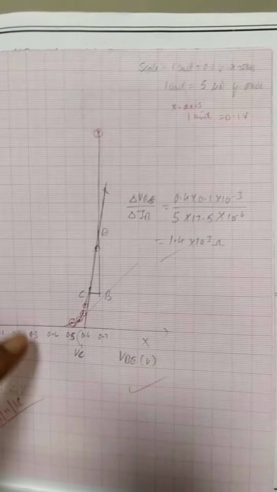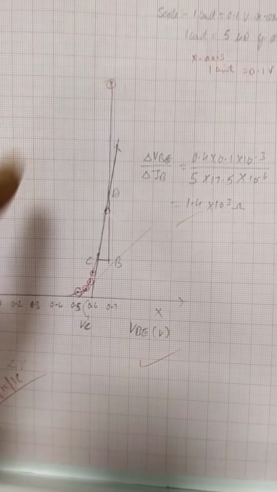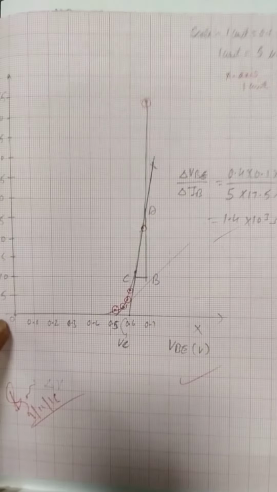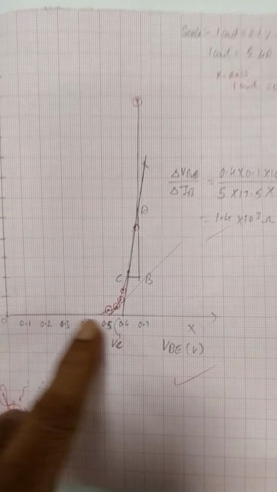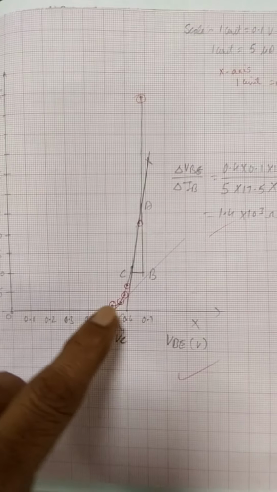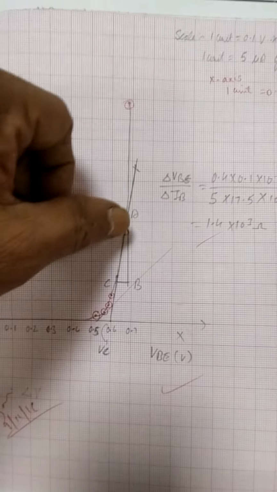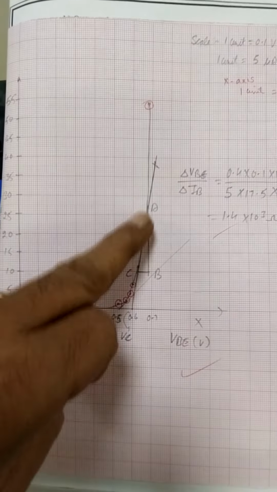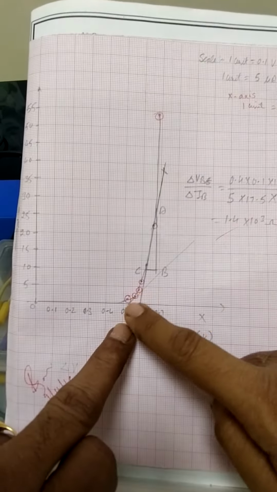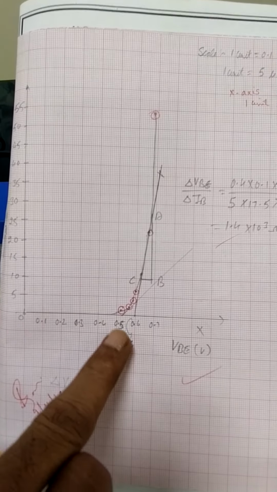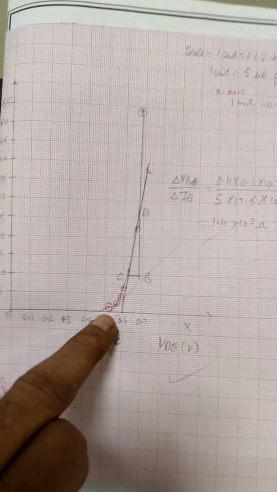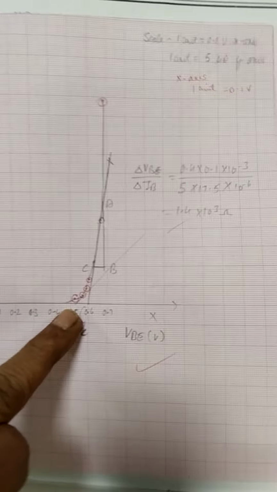Particularly observe that once you get this type of graph, up to 0.5 it is almost 0. Then it increases little by little, linearly. You can draw a tangent line, and where the tangent line cuts the x-axis, exactly you will find the knee voltage. So that is your exact knee voltage.